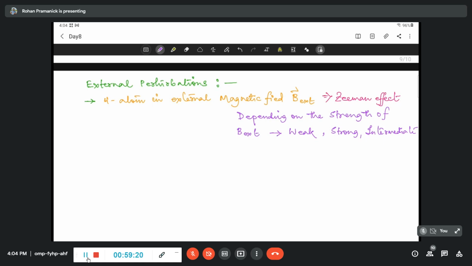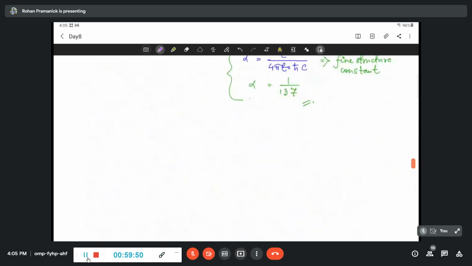If your magnetic field is strong enough that it dominates over the fine structure, then the strong Zeeman effect is the first order energy correction, and the fine structure we did earlier becomes a perturbation over the strong Zeeman effect. And the intermediate case is where the external magnetic field is comparable to the internal magnetic field. By internal magnetic field I mean the expression we calculated over here.